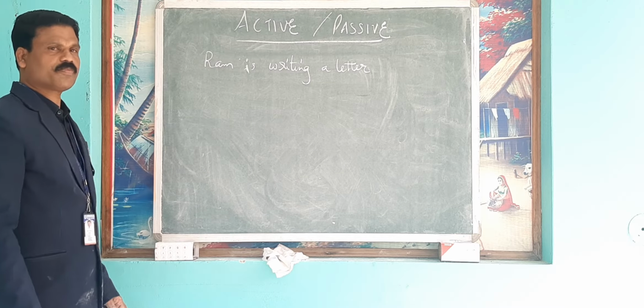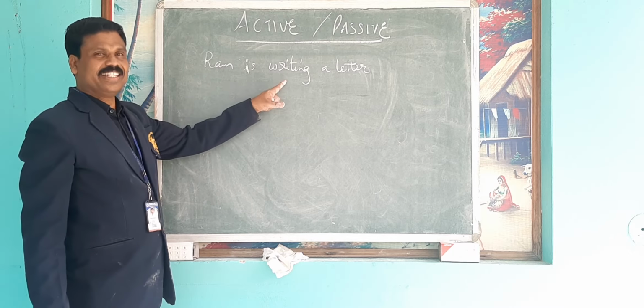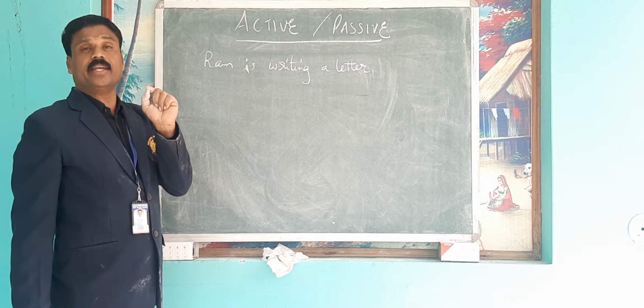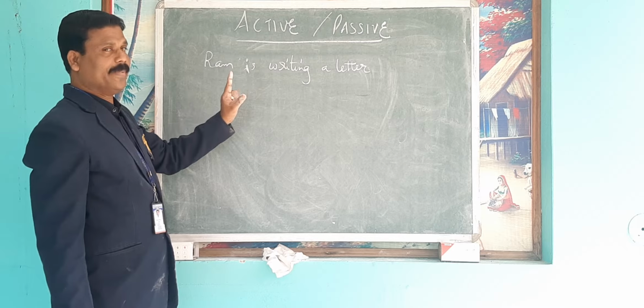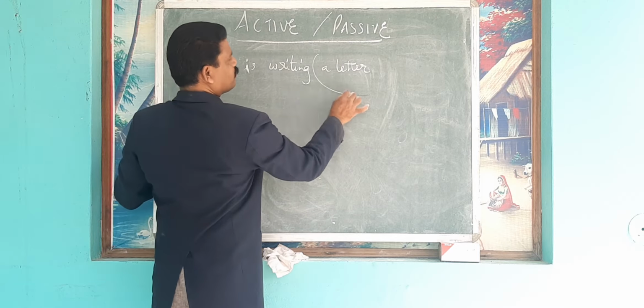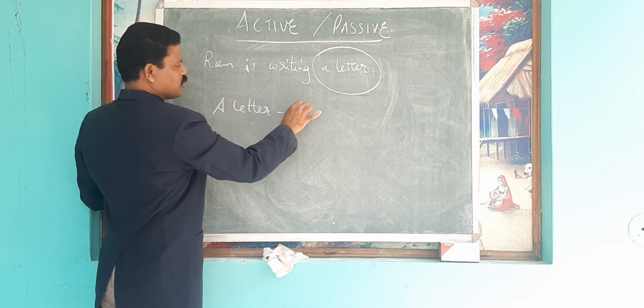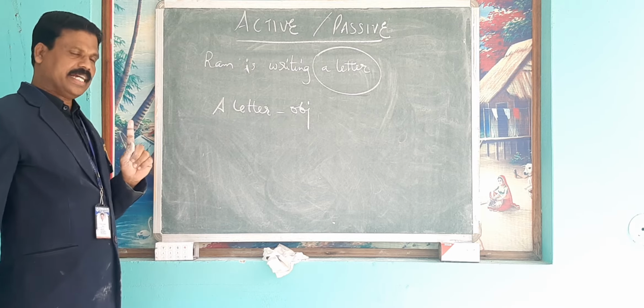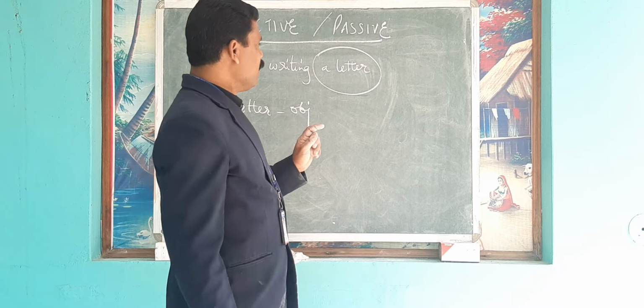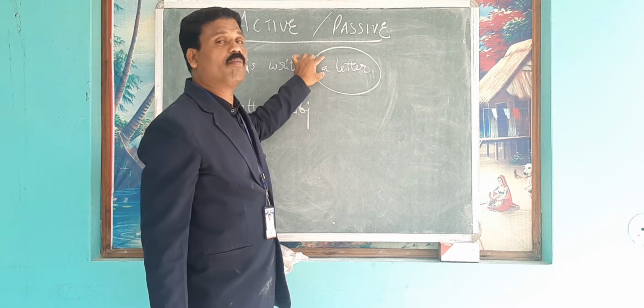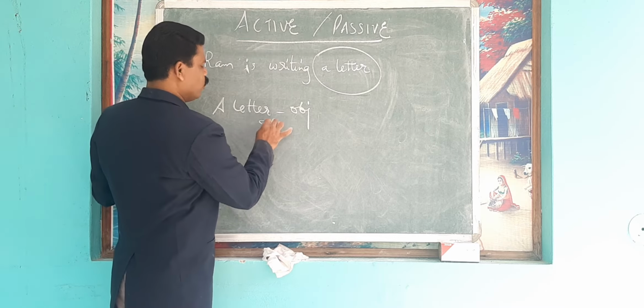Look at the sentence. Ram is writing a letter. So first step, identification of object. Ram is writing what? A letter. That is the object. Second step, identify whether the object is singular or plural. It is singular, no doubt.